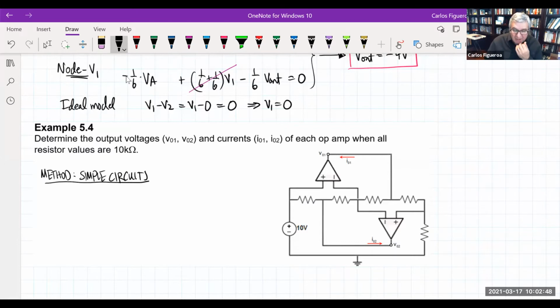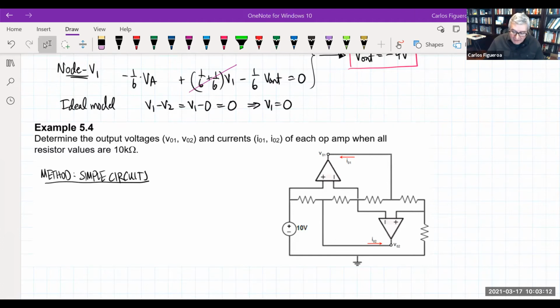So the first thing that I would look at here when I use simple circuits is that I need to sort of identify what's going on here. And the first thing that I would probably look at is that I would pick one op amp and then start moving in that direction.